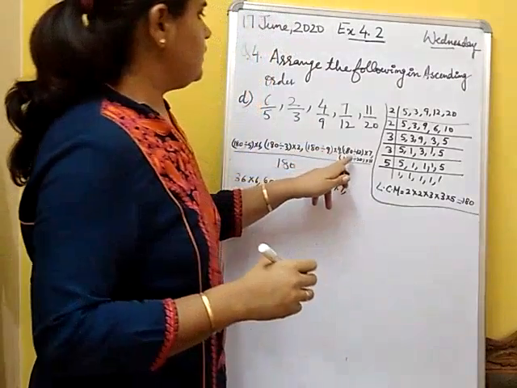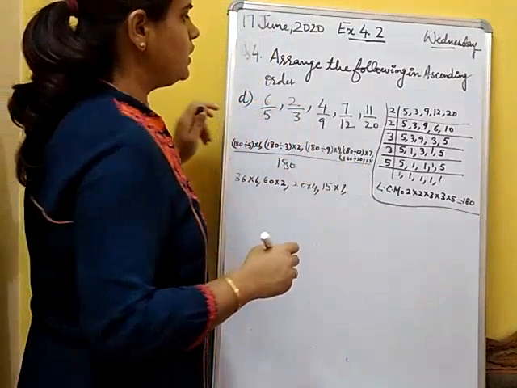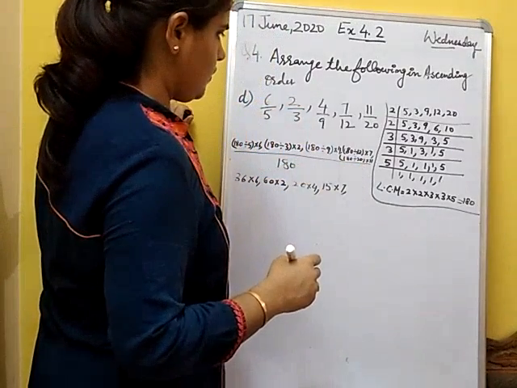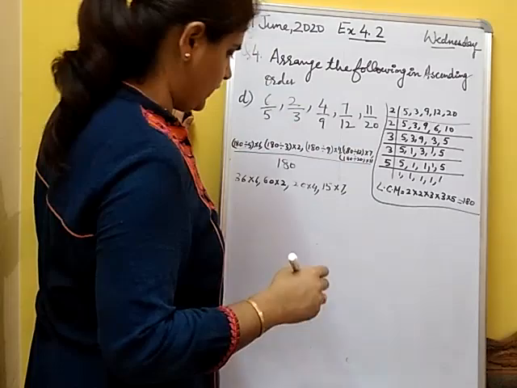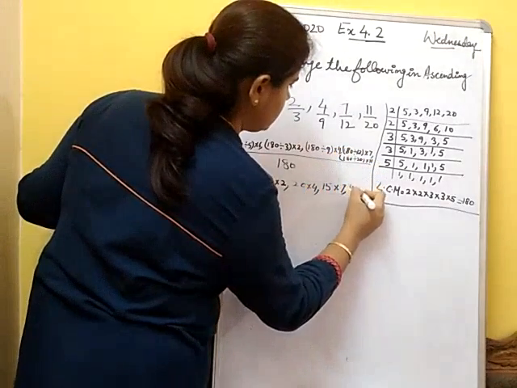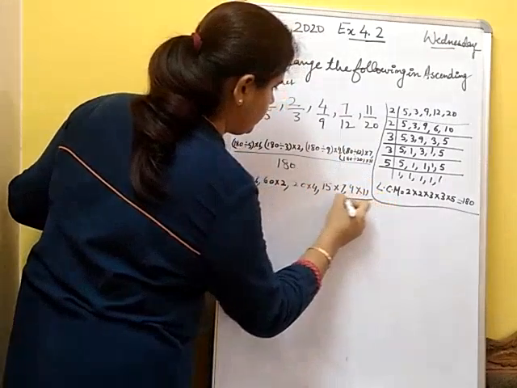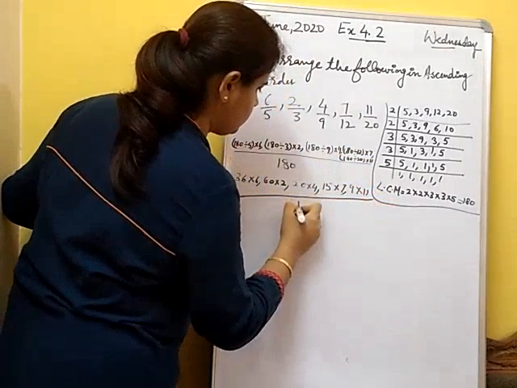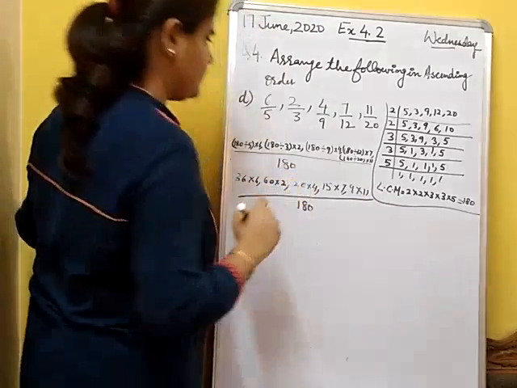Next 180 divided by 20, you will get 9 multiply 11 upon the same denominator 180.